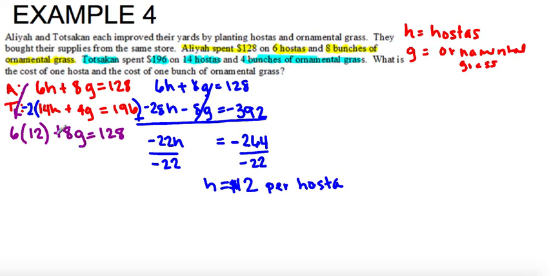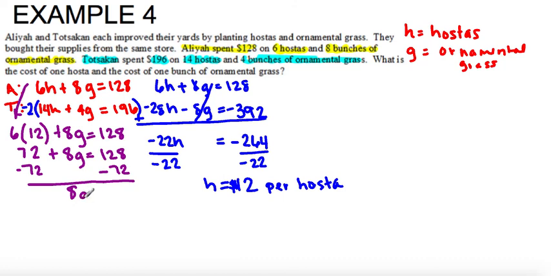So 6 times 12 is 72, plus 8G equals 128.